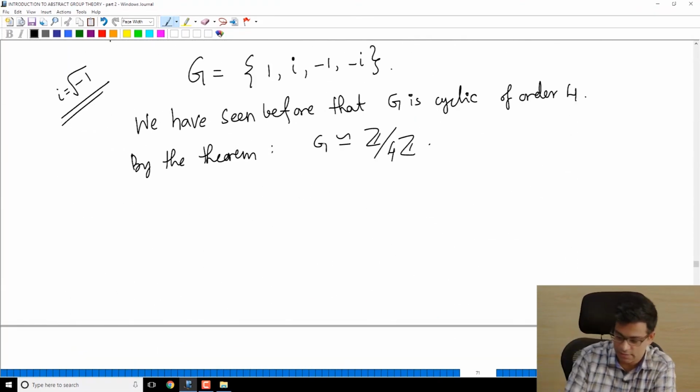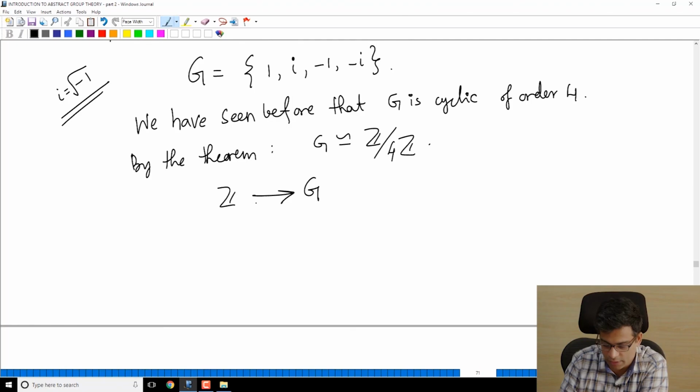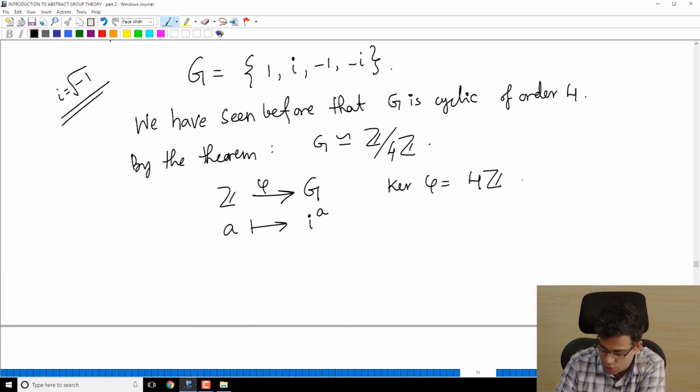So in this case G is isomorphic to Z mod 4Z. To be precise, what we are doing is considering the map from Z to G. We send any integer a to i to the power a. The kernel of this is precisely 4Z, because the kernel is the set of integers such that i to the power a is the identity, in this case 1.